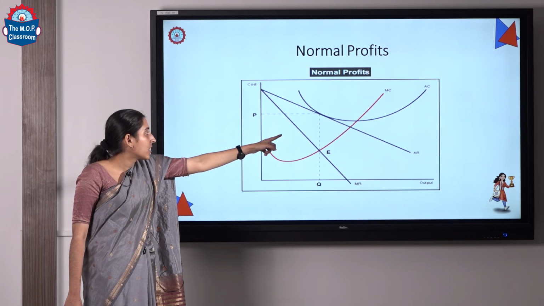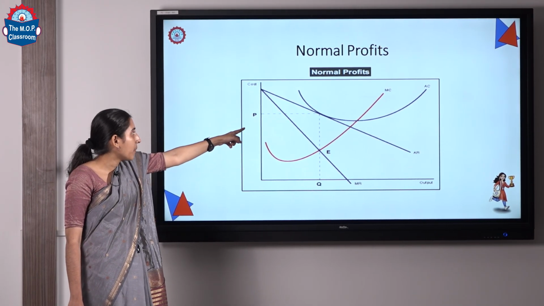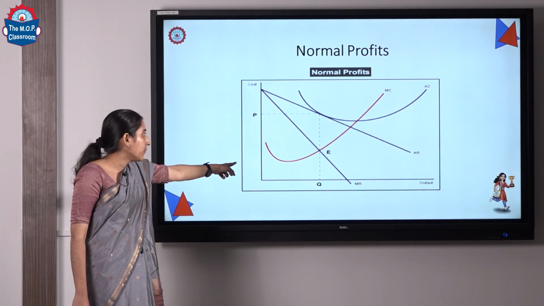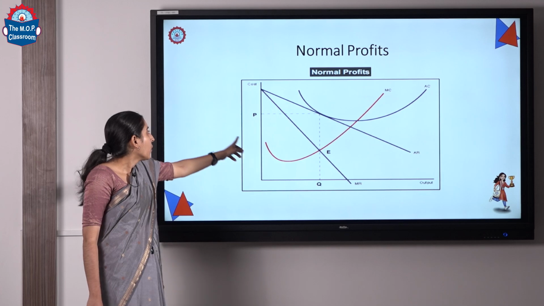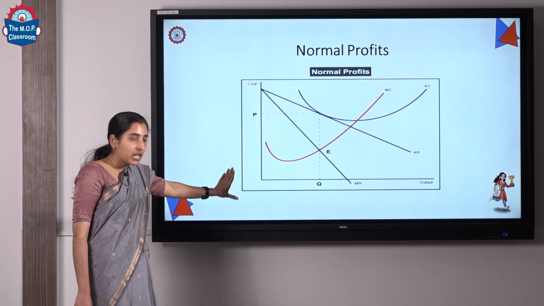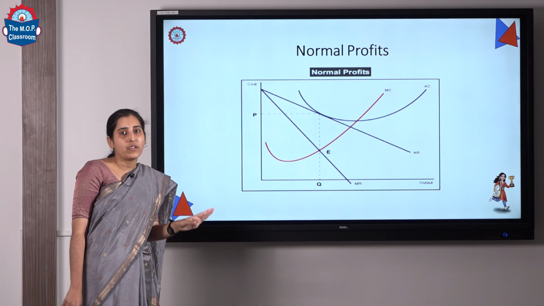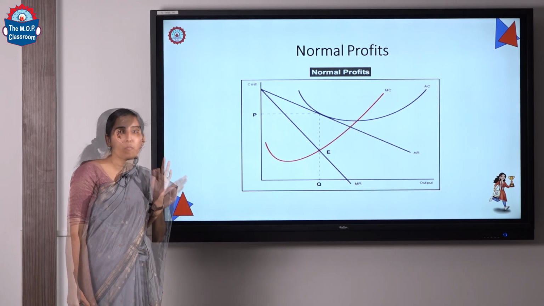There is an AC curve which is actually intersecting the AR curve above, and when you talk about the MC curve, it is intersecting the MR curve at point E. Over here, PEQO will become the normal profit for a market situation, or for a market person as a monopolist.